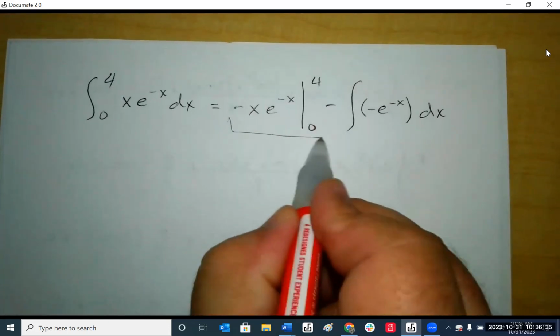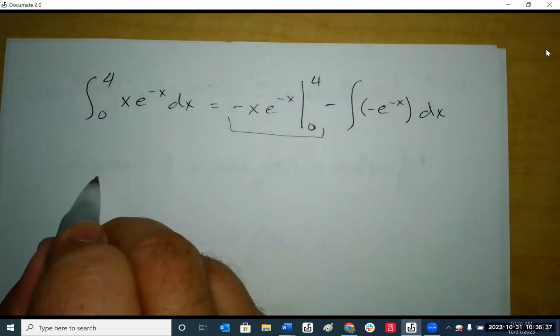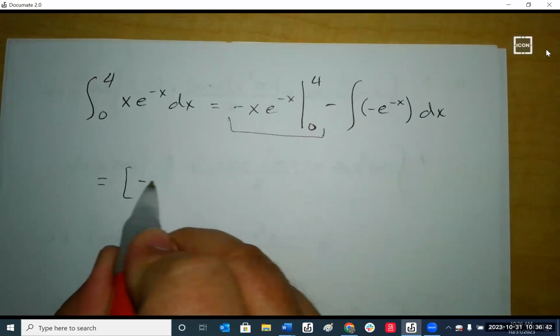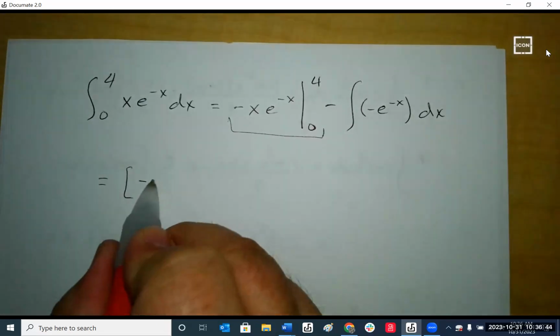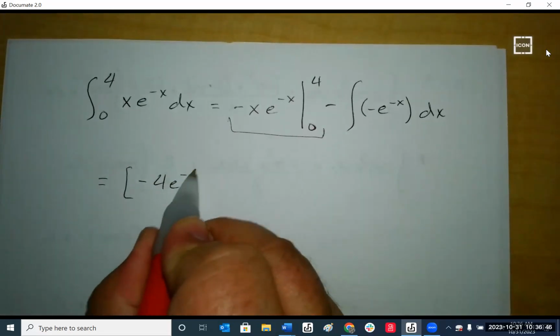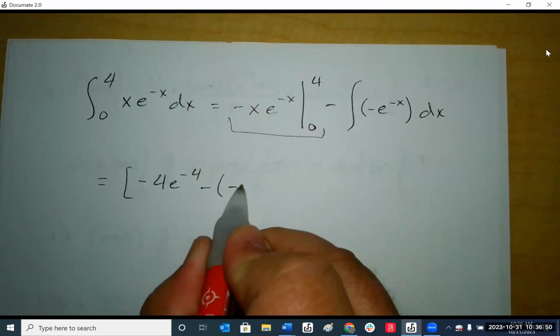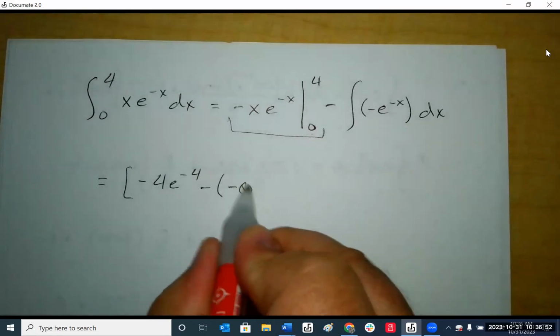okay, this part's going to be just straightforward. Anywhere you see an x, you put a 4, minus anywhere you see an x, put a 0.